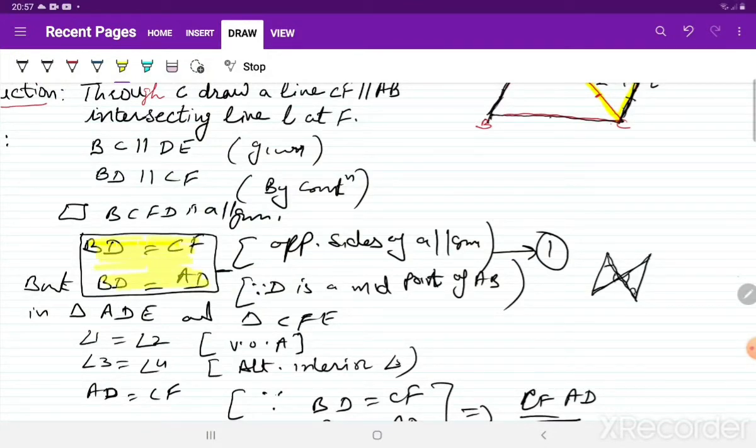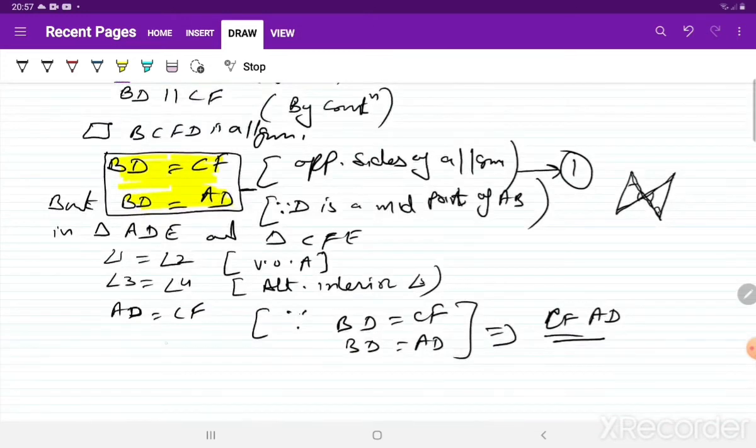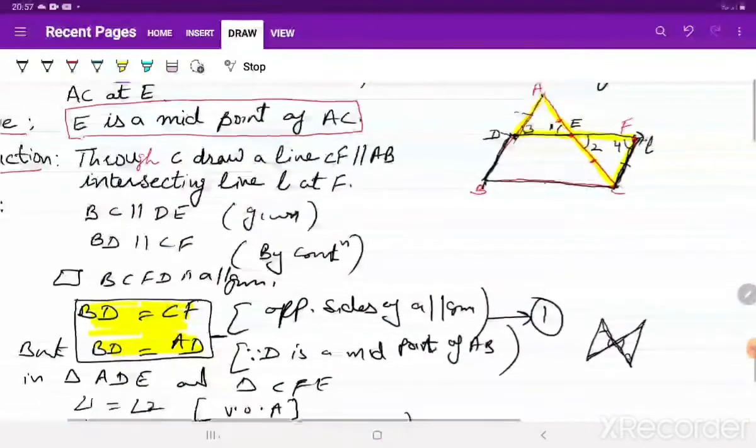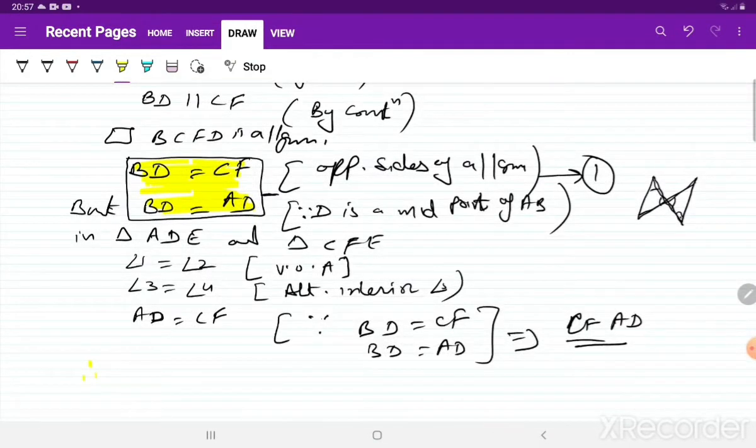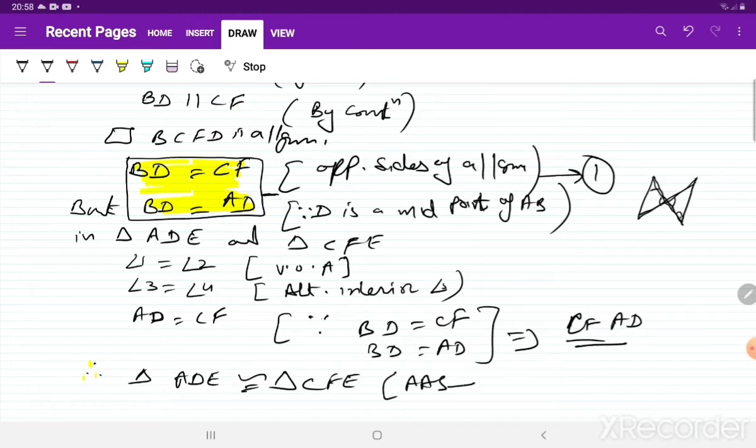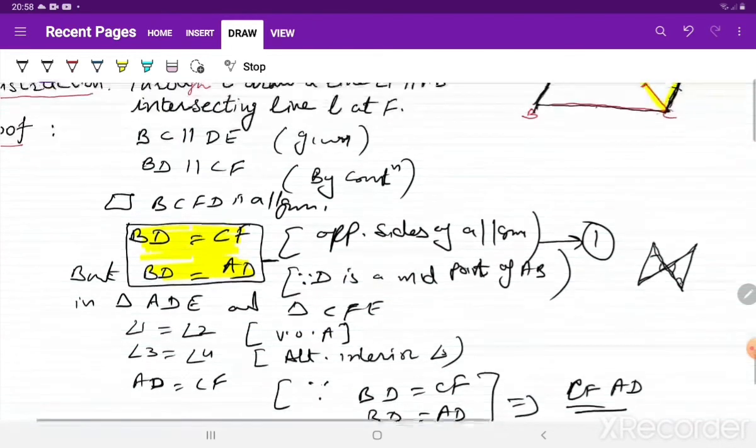Right? So I now have 3 parts. I have 2 angles and 1 side. So my triangle ADE is congruent to triangle CFE by the angle-angle-side criteria. Okay.